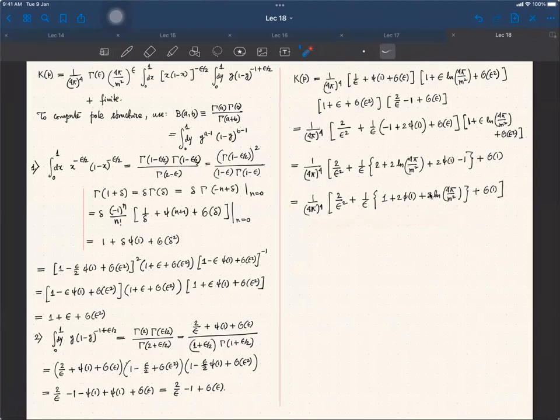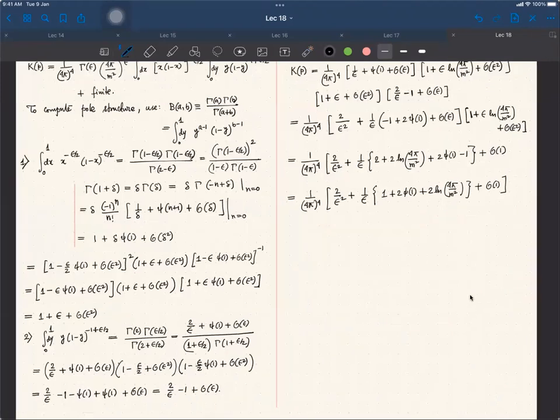We will next find the pole structure for P mu K mu. Maybe let me finish it here because it's not going to be too long.